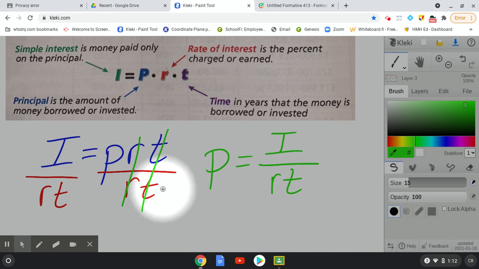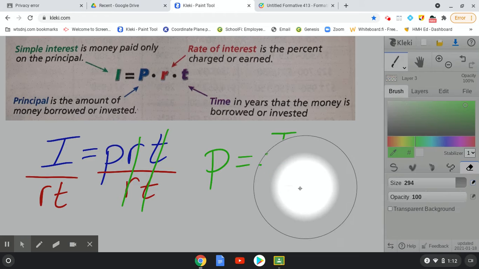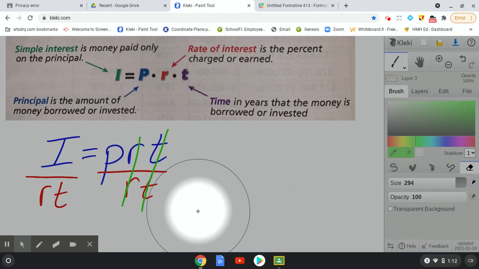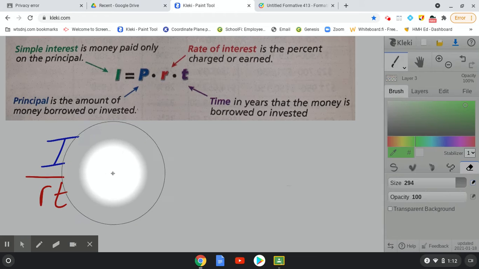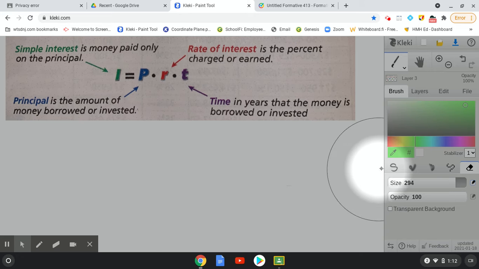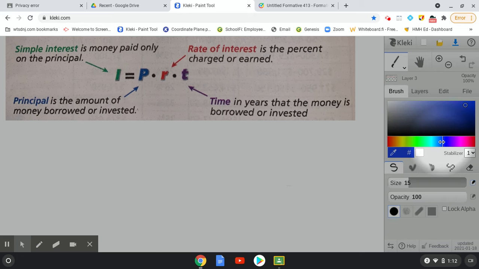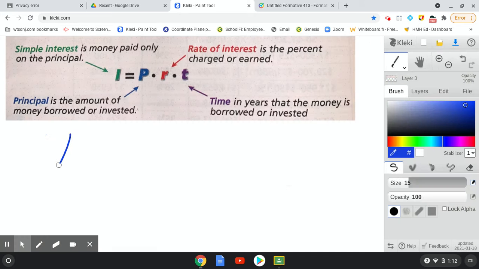Now, let's say they said, calculate what the rate is. Again, you are going to rearrange the formula. The original formula is I is equal to PRT. And let's say the problem says calculate the rate.